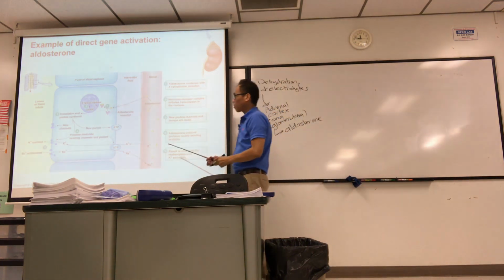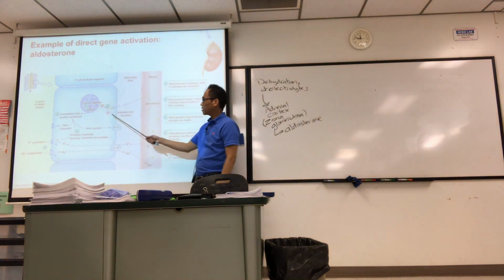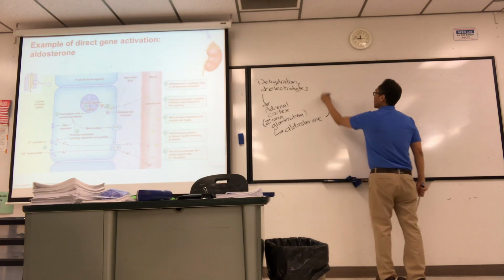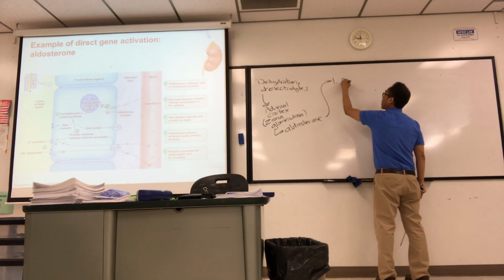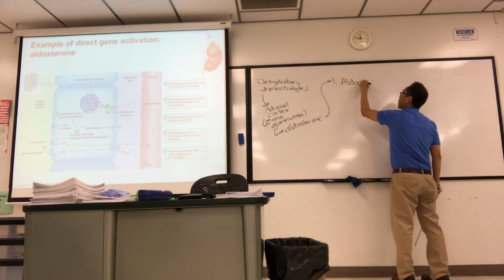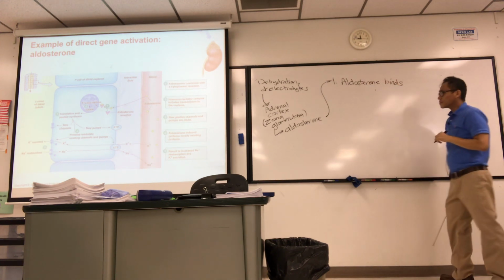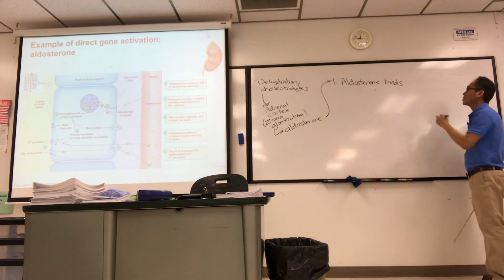The orange balls are aldosterone, and it's binding its receptor in the cytoplasm. Step 1. Aldosterone binds cytoplasmic receptor.